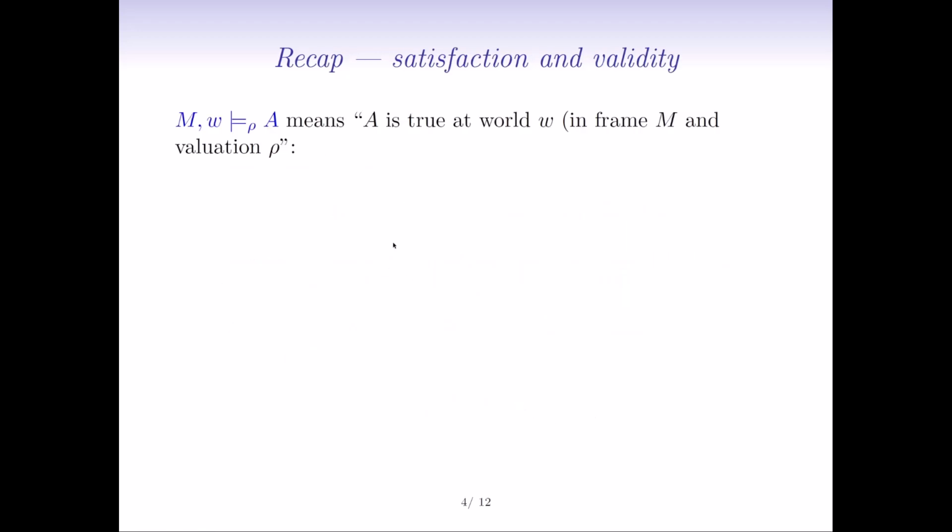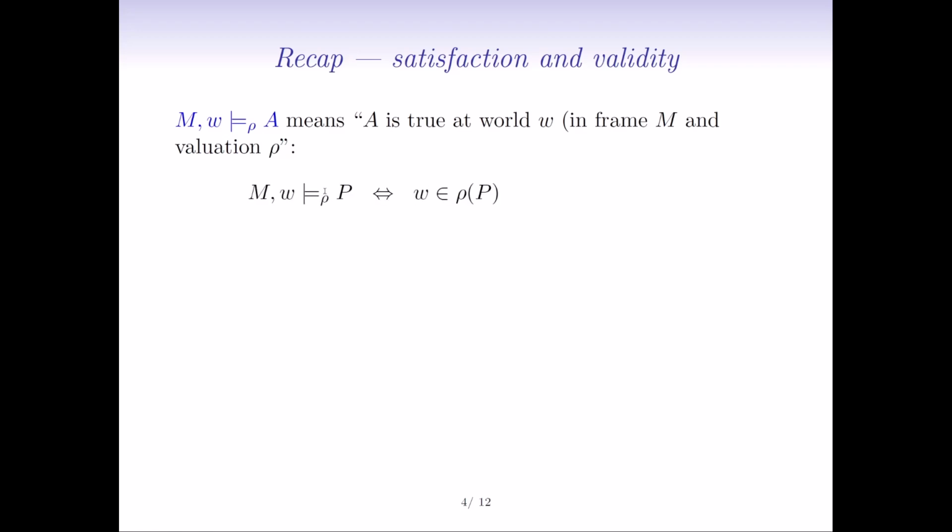Now, you'll recall that in modal logic, formulas are not just true or false, but they're true or false at particular worlds in the model. So having picked a frame M and evaluation rho, this notation here, M, W, and rho satisfy A, means that the formula A is true at world W, relative to the choice of frame and evaluation, obviously. And this is defined inductively on the structure of modal logic formulas.